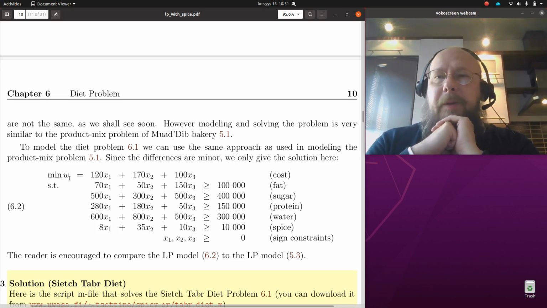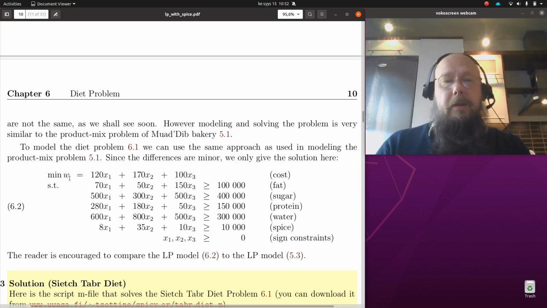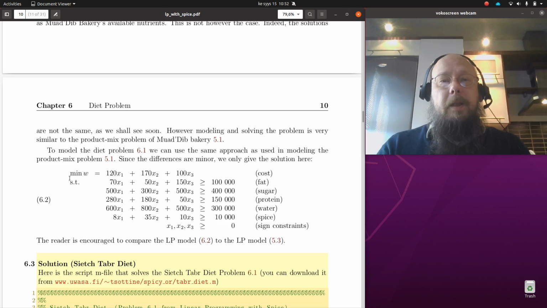So I have to use another symbol. Also, it's relatively typical that if you have a maximization you use Z, and if you have a minimization you use W. There is no fixed standard, but this is a rather common way of doing it.